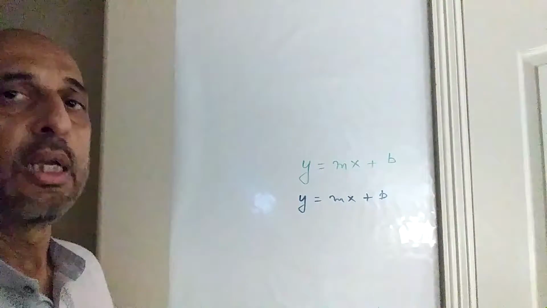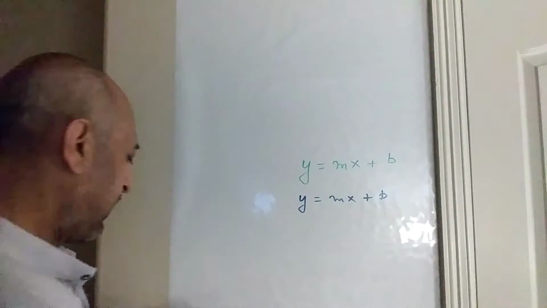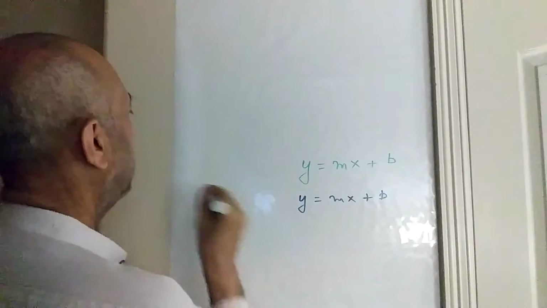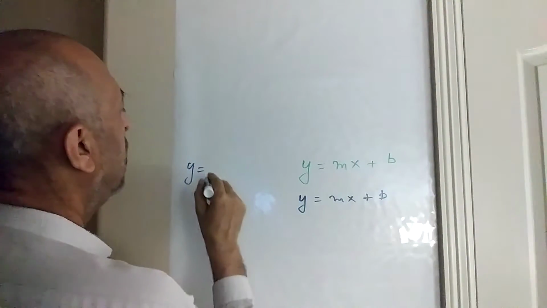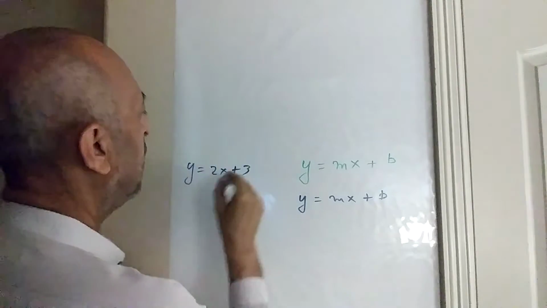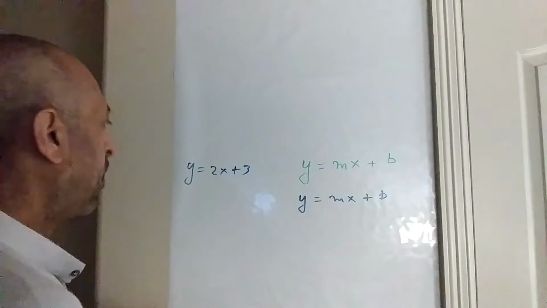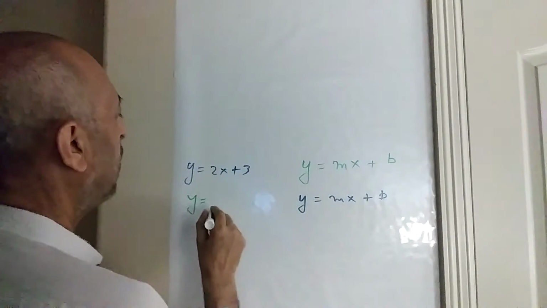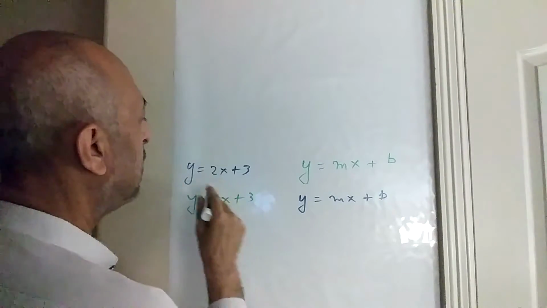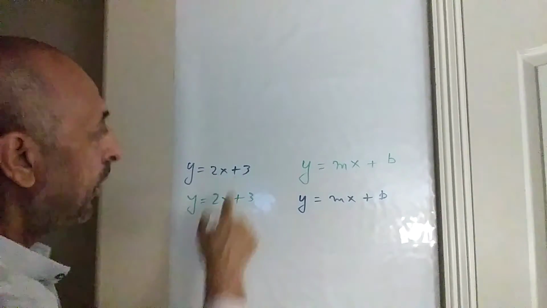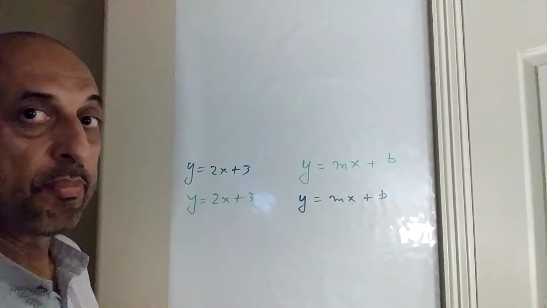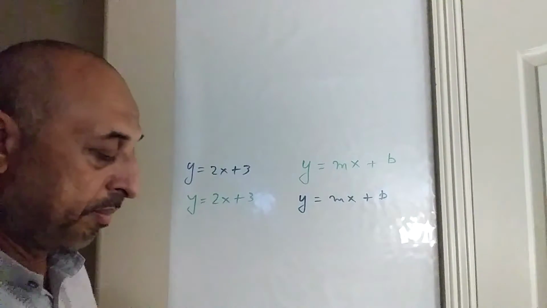For example, if I stick some numbers in there, let's say y is equal to 2x plus 3, and the other one is y is equal to 2x plus 3. That means the slopes are the same and the y-intercepts are also the same, which is essentially the same line.